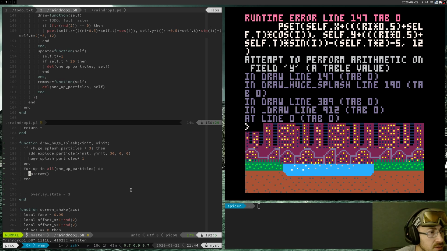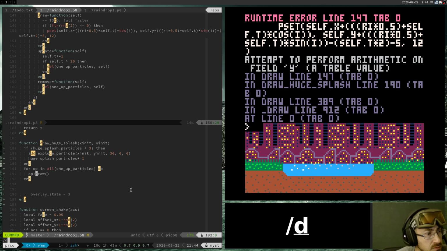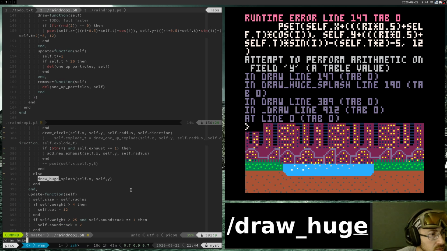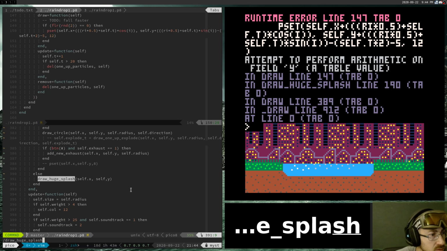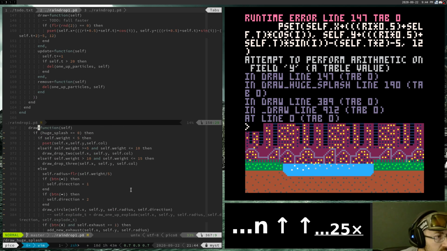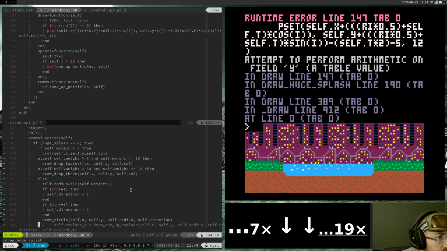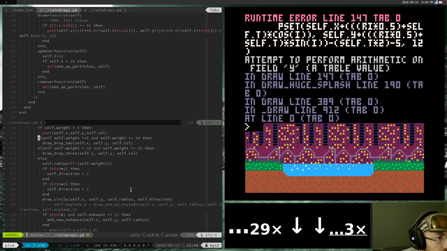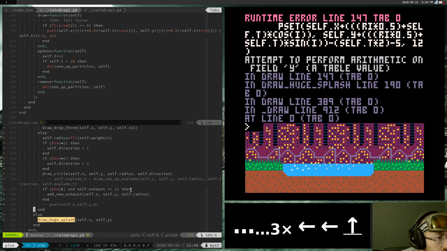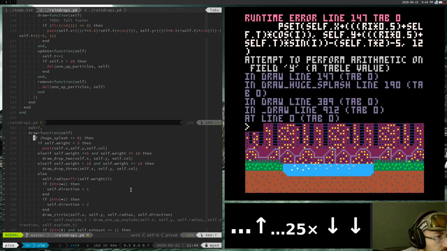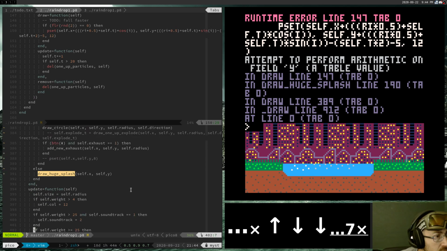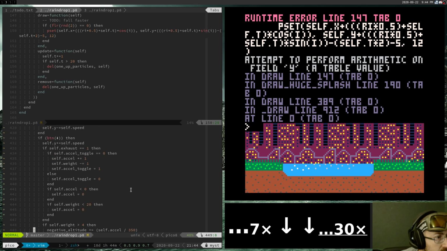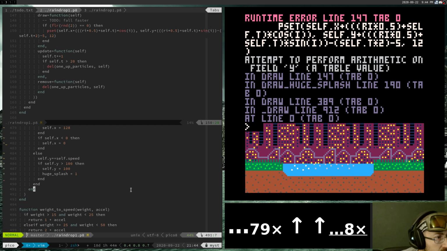Draw huge splash. So let's see how draw huge splash is called. All right, it's called if huge splash equals 0. And then this thing, is there a huge splash and stage control?